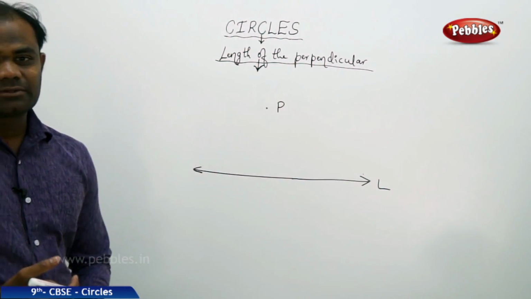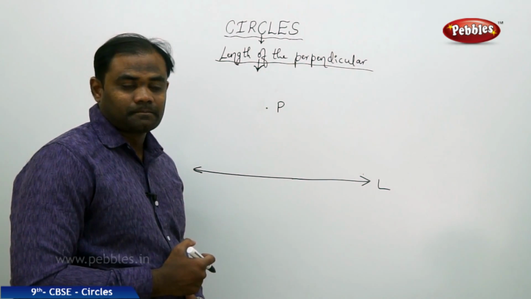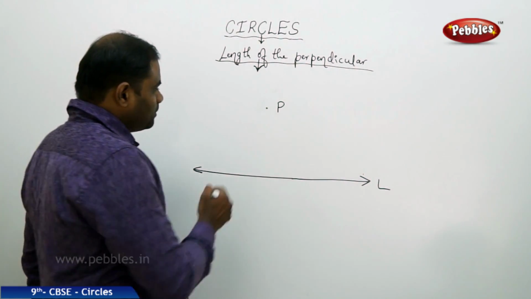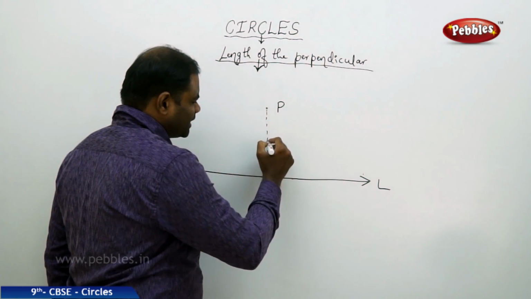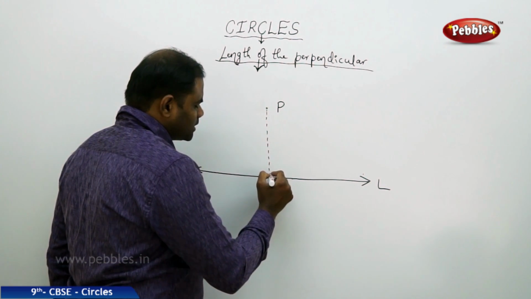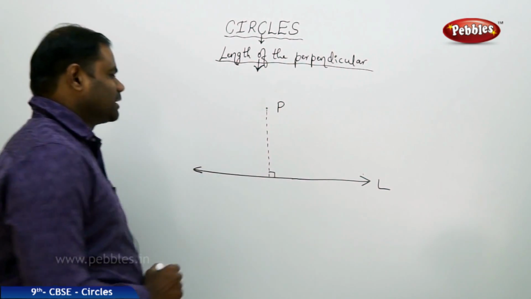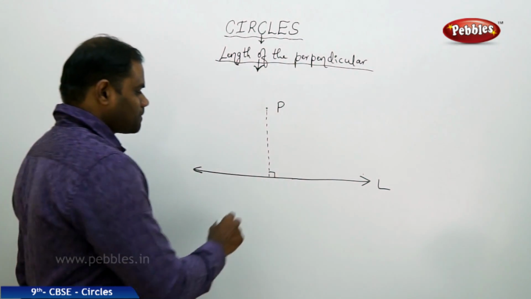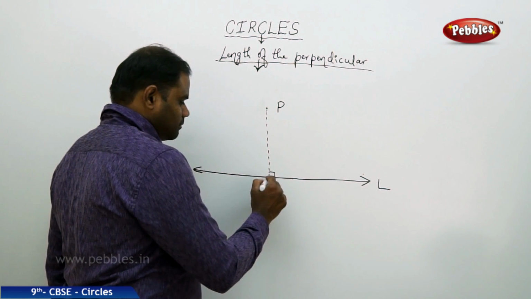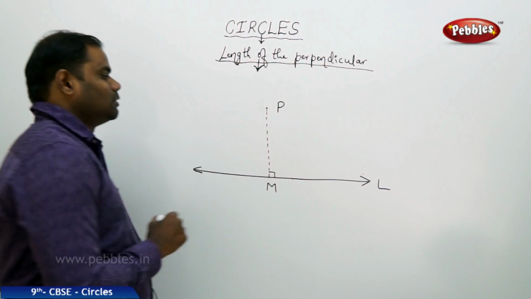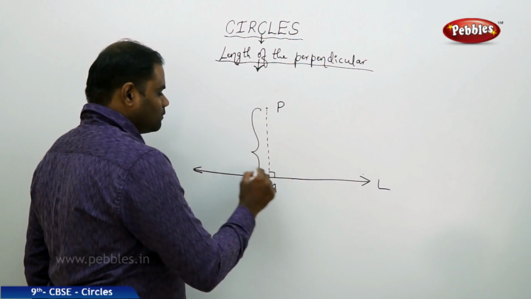So now I would like to define the perpendicular length from P to line L. If I drop a perpendicular from the point P up to the line L, I clearly understand that this gets dropped straight out here, exactly perpendicular. Say it drops at M. So here the length PM is called length of the perpendicular.